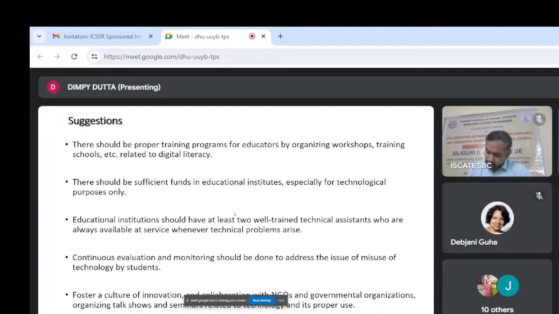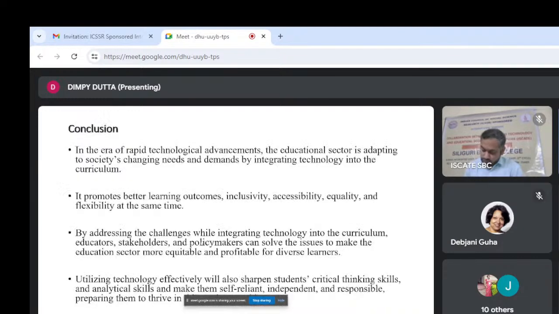Educational institutions should have well-trained technical assistants available whenever a technical problem arises. Continuous evaluation and monitoring should be done to address the issue of misuse of technology by students. We should foster a culture of innovation and collaboration with NGOs and governmental organizations by organizing talk shows and seminars, which can be a great help.